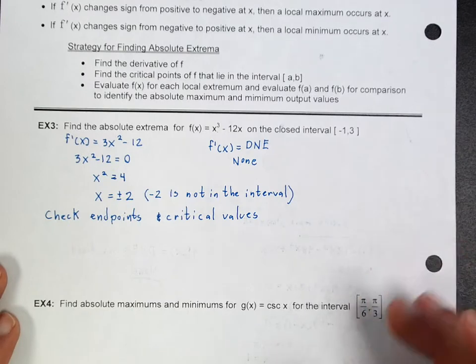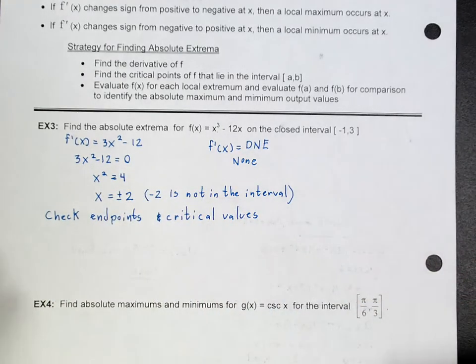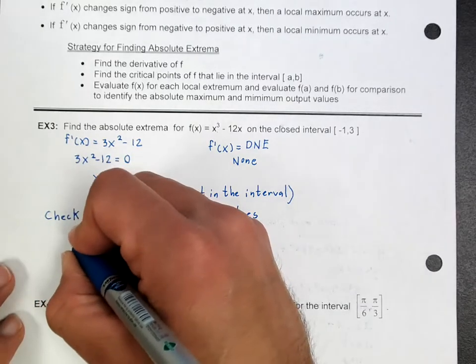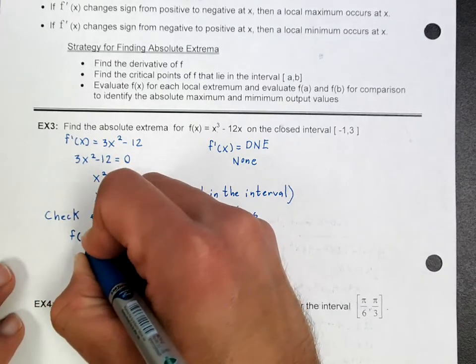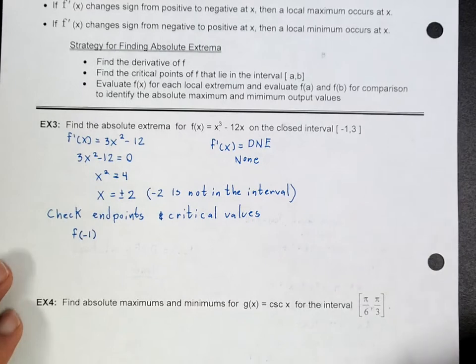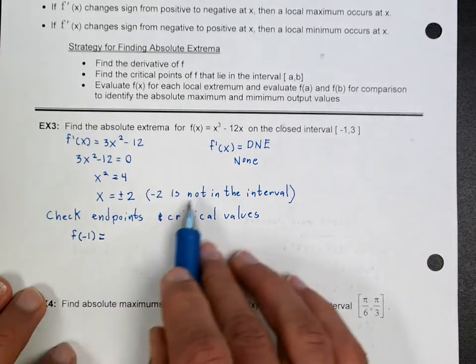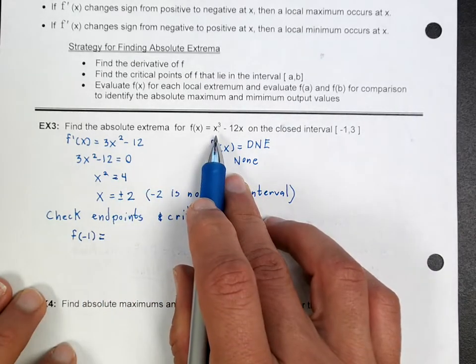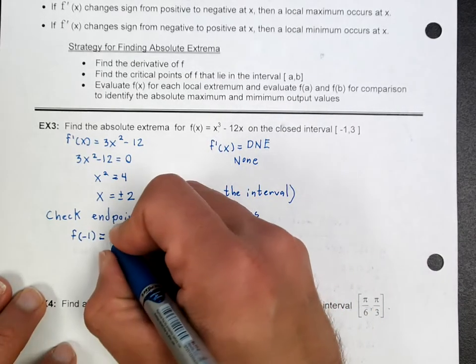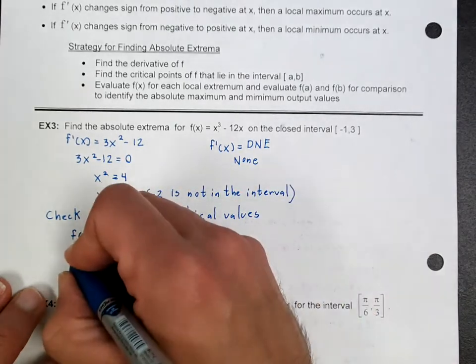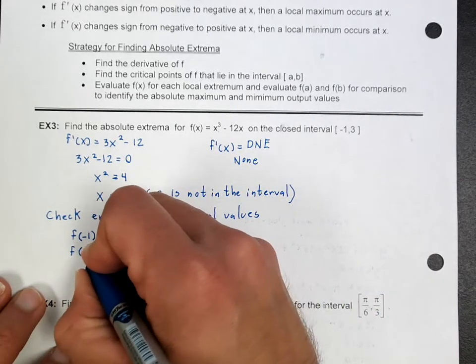Okay, so by that I mean what I'm trying to do here is, now that I have the endpoints, I'm going to plug the endpoints back into the original function, and I'm going to be looking at the y values. So if I plug in a negative 1 back into the original function, that's going to give me a positive 11. I'm also going to check the other endpoint, which was 3.